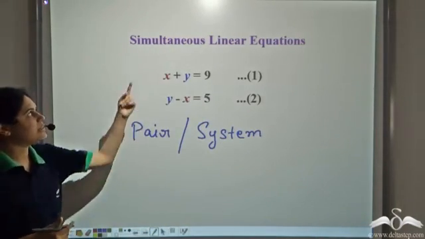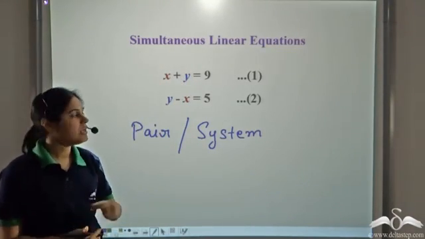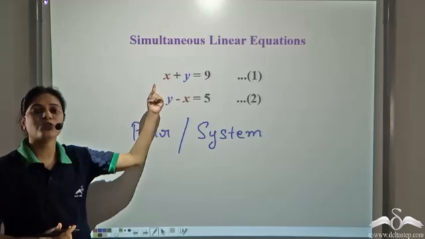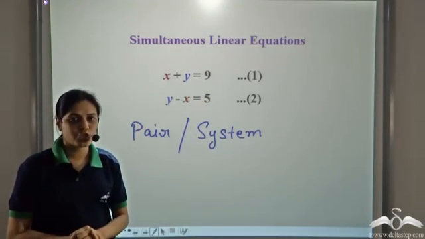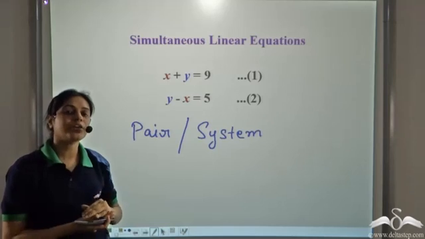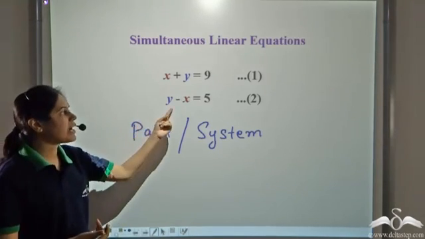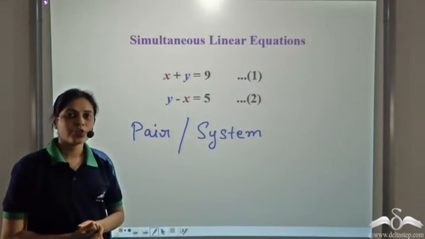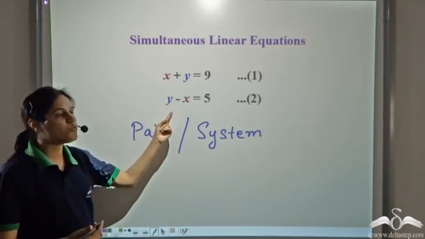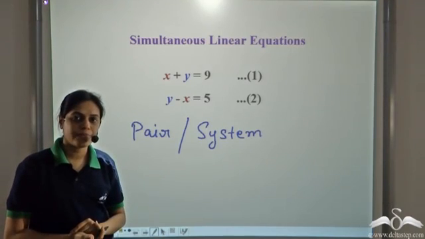Now, why do we call them simultaneous linear equations? You may recall that when we had just one equation, you were not able to get a unique solution. You got 9 possible values. But when you had two equations, you obtained a unique solution. So since we have two variables, you require two equations to solve them.